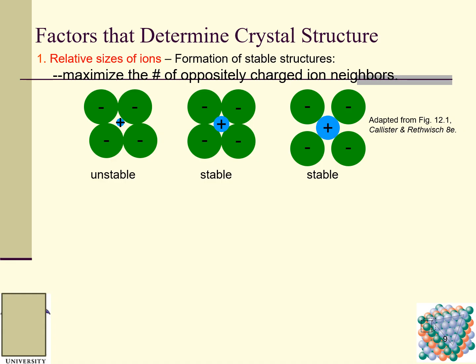And I might ask you in a quiz or the exam why this one is unstable and why these two are stable, and you should be able to use your own words to tell me why. Because for this one, the cation is not in contact with all of these ions. However, on the contrary, for these two, the cation is in close contact with all the neighboring ions.